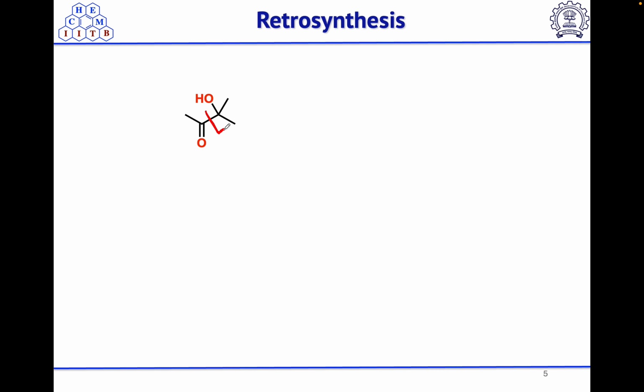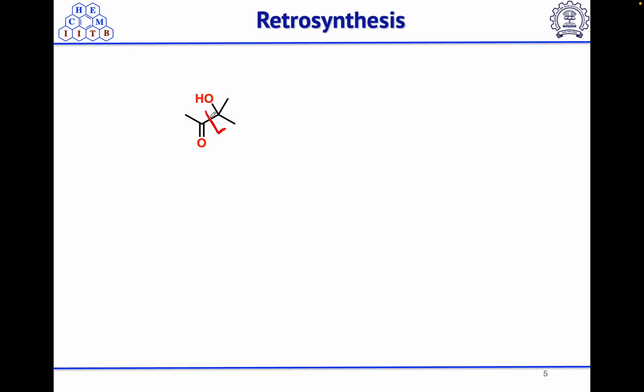Then what will be your synthons? Before this C-C1 disconnection, we can do some functional group interconversion, or FGI.